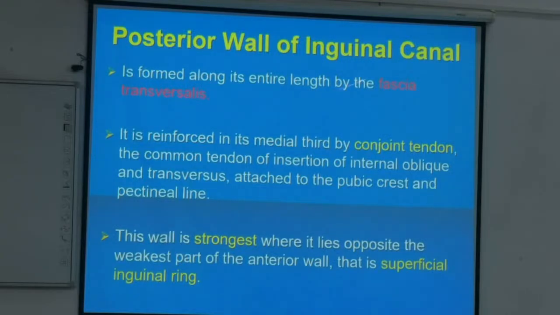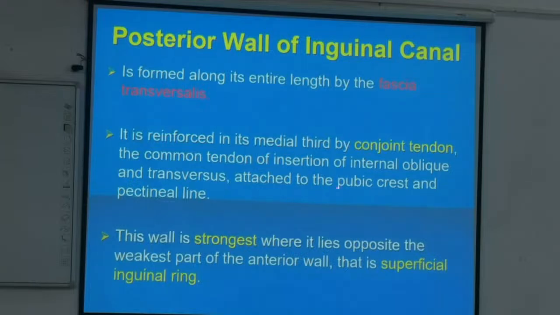Okay, so the posterior wall of the inguinal canal is formed along its entire length by the fascia transversalis, and it is reinforced in its medial third by the conjoint tendon. And what is the conjoint tendon? That is also asked in viva.